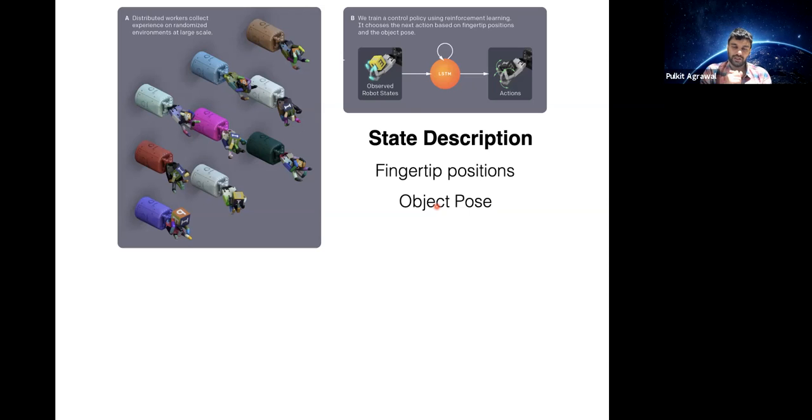So there is really nothing new over here, except the state description, right? And the state has two things: one is fingertip positions, and one is object pose. So in simulator, both of these variables are directly observed, or I can directly access the values of these things.